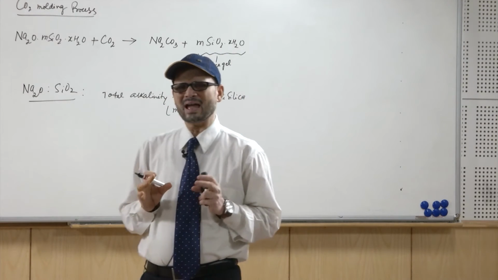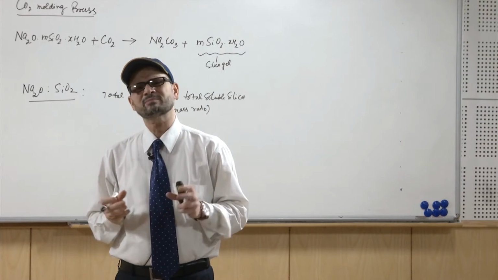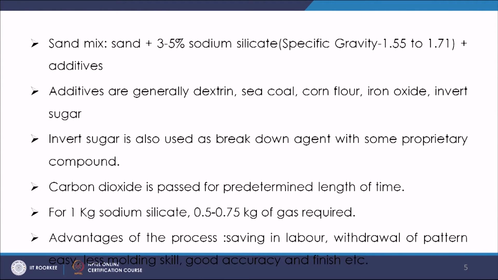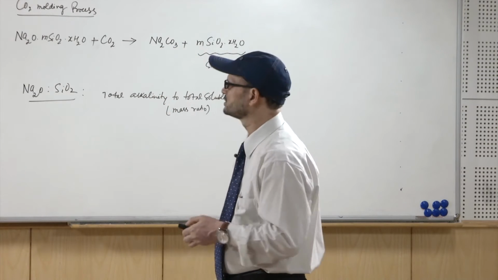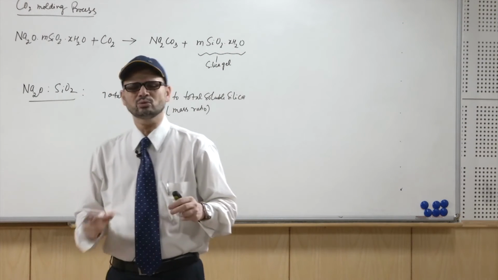One of the drawbacks of this carbon dioxide moulding is that the collapsibility is quite poor. So, we use certain additives, and to improve the temperature properties like hot strength, you use iron oxide. The invert sugar is also a breakdown agent, so it increases the collapsibility of the mold where we use carbon dioxide to harden it.